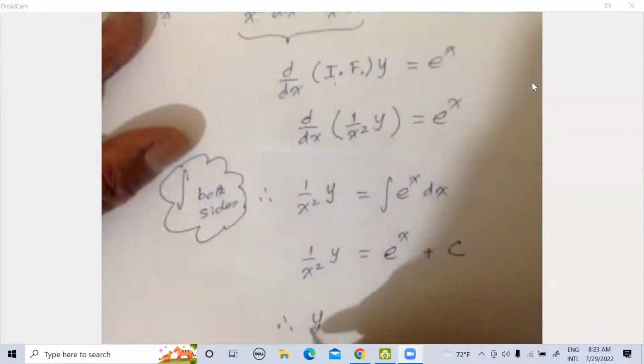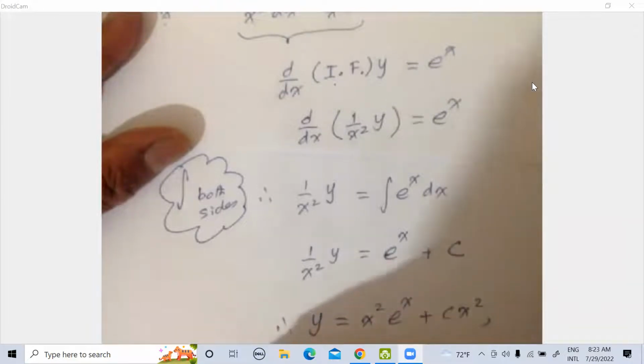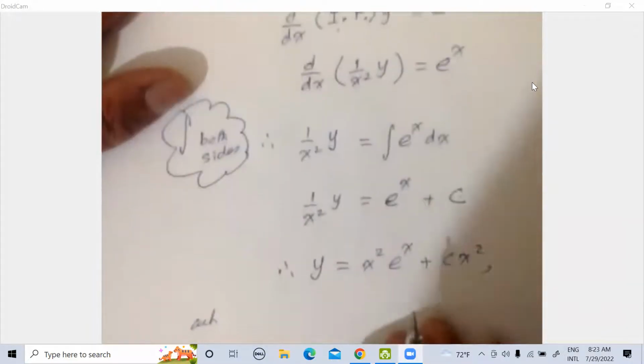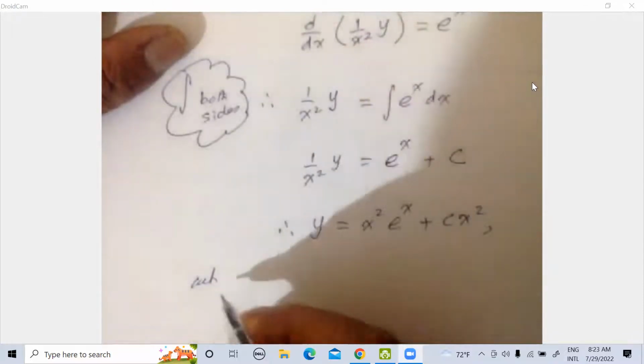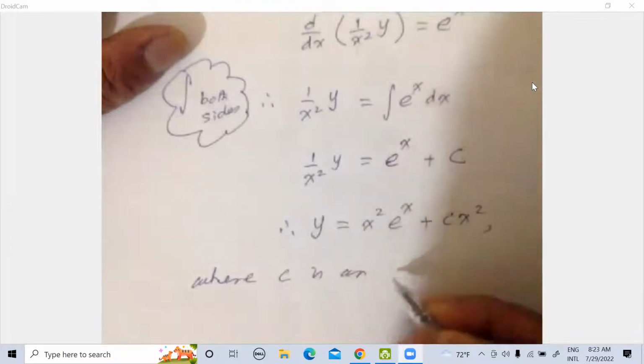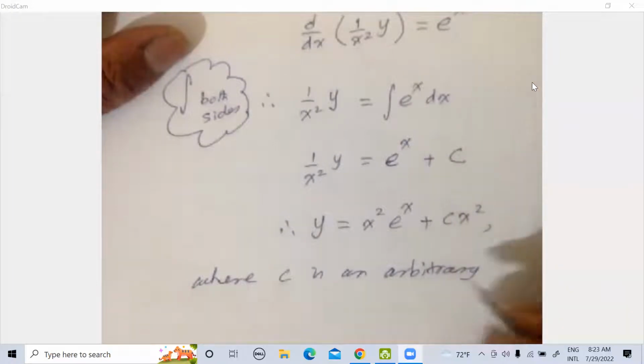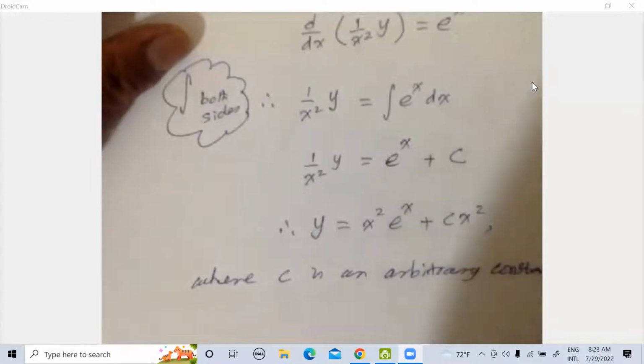Now multiply by x squared. Therefore, y is equal to x squared e to the x plus c times x squared, where c is an arbitrary constant.